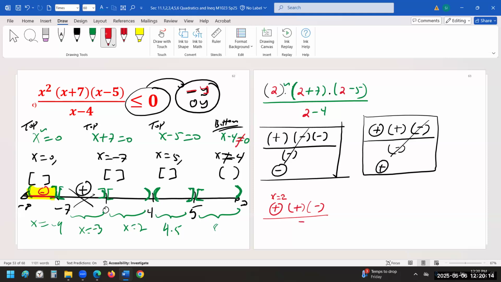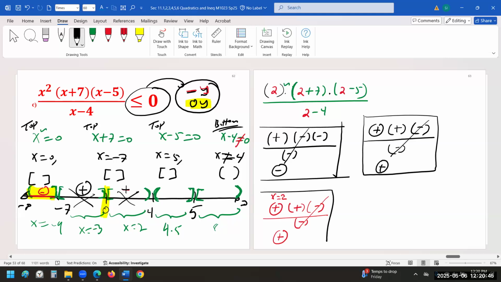Denominator 2 minus 4, negative. We cancel the negative, the answer is positive. So this is positive, but are you looking for positive? No. So none of these intervals gives us negative, but when x is 0, we have y is 0, and you're looking for also 0 y. So you're not taking the two intervals, but we have to take the middle one. Okay, then we go to the next one.